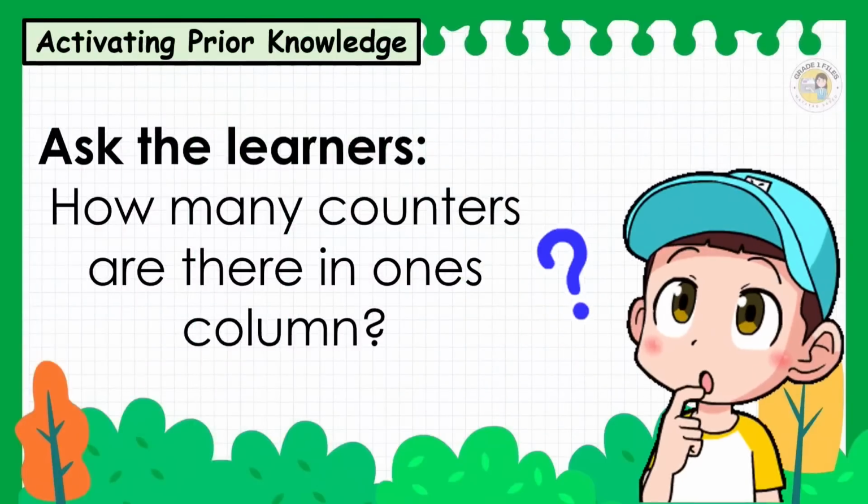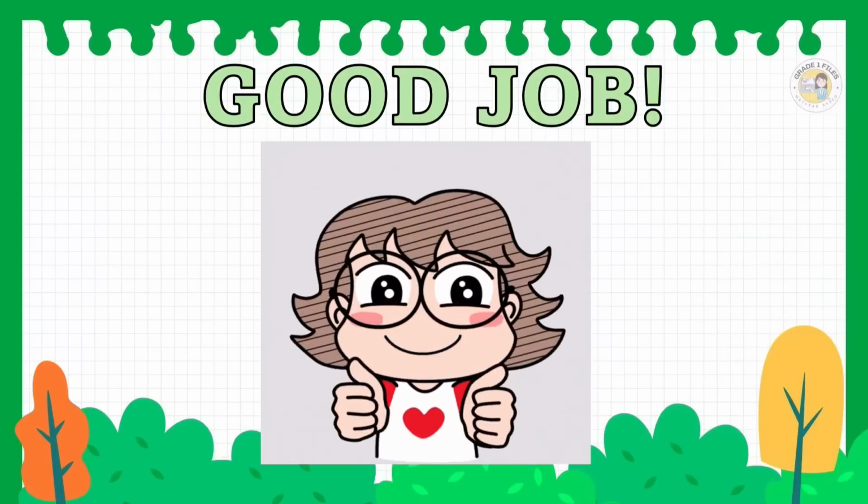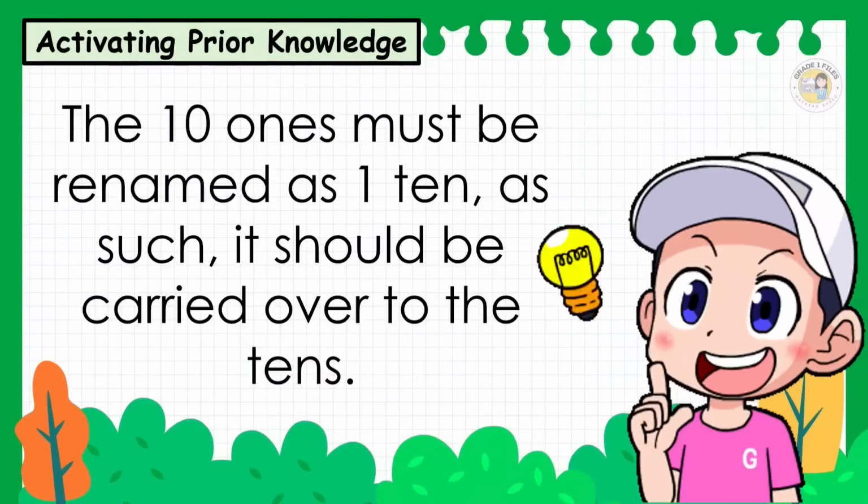How many counters are there in the ones column? When the number of counters reaches 10, is there a need of regrouping? The 10 ones must be renamed as 1 ten. As such, it should be carried over to the tens.